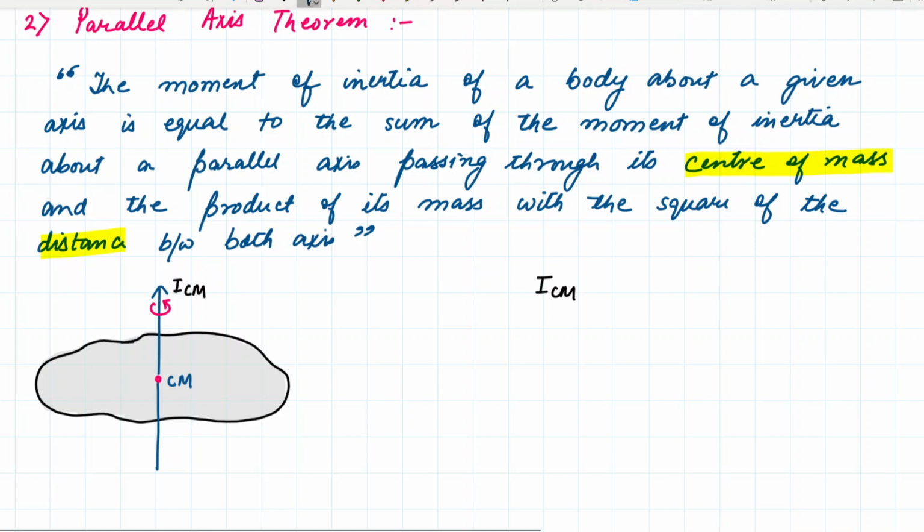Then you can calculate the moment of inertia with respect to another axis.